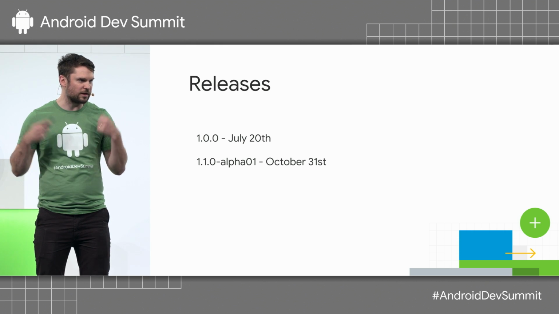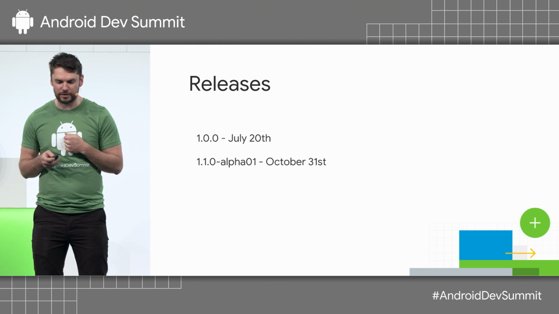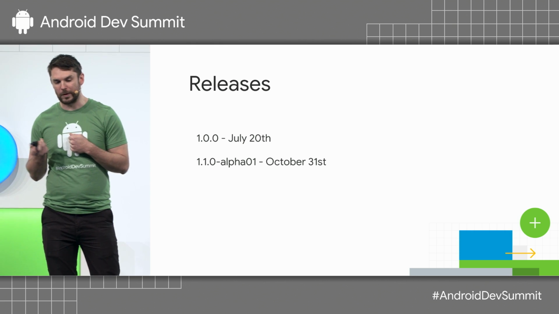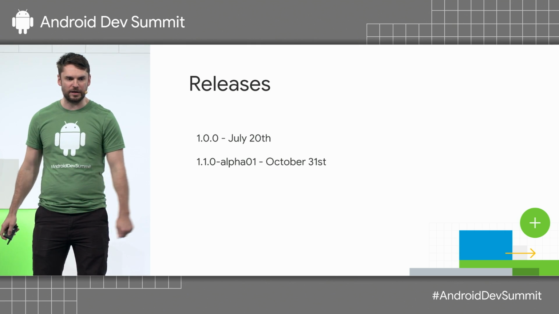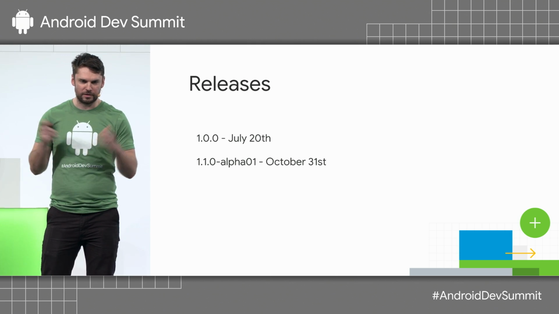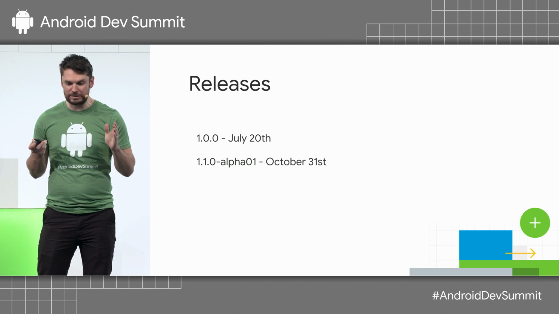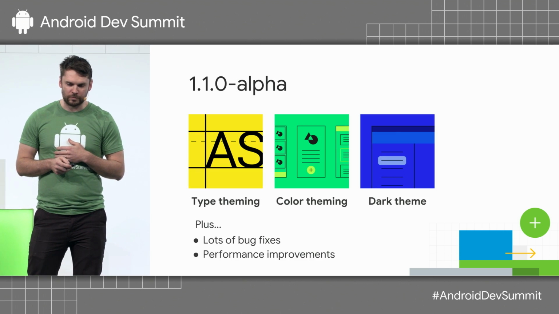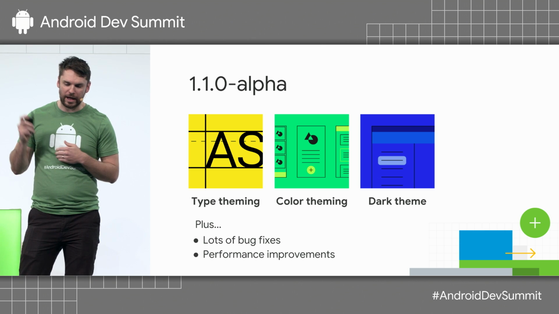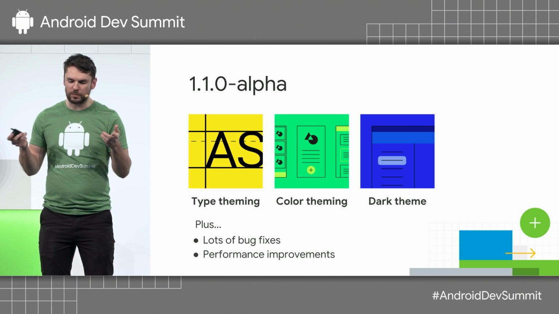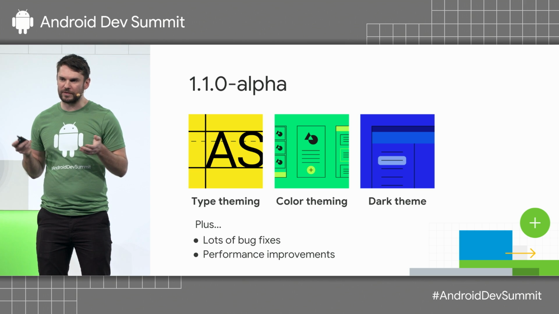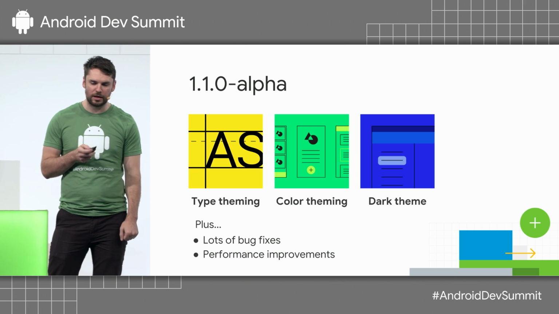So we're trying to ramp up our releases, and we finally cut 1.1 Alpha 1 October 31st, and we're definitely trying to do this more frequently, around once a month at least. The 1.1 Alpha had the type theming, color theming, and dark theming that we've talked about in this, plus lots of bug fixes and performance improvements.